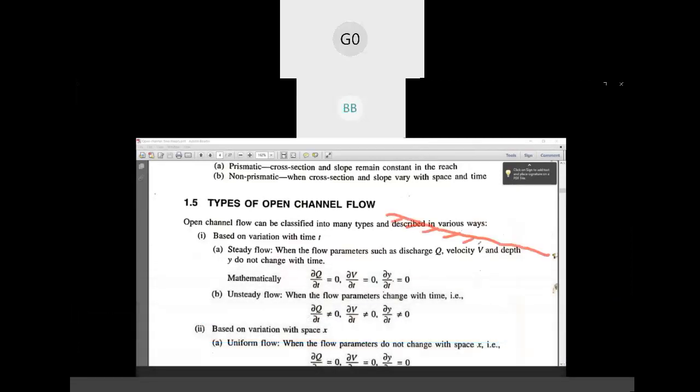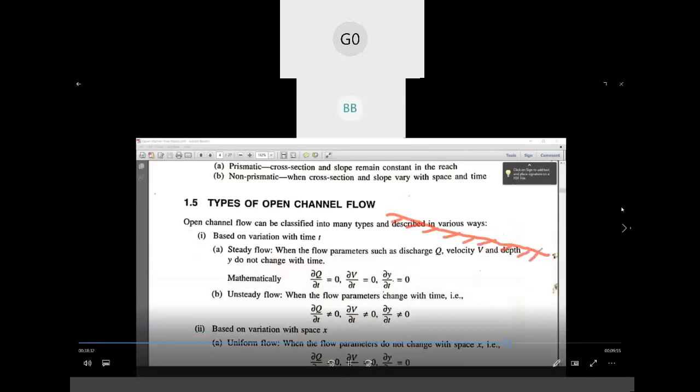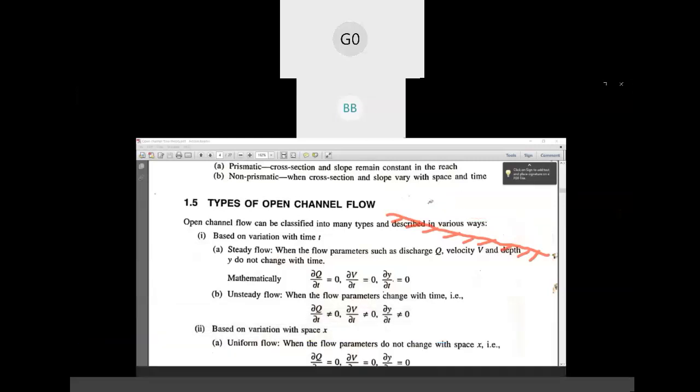You can say this is the bed of the channel, water is flowing here, and this is the level of water.